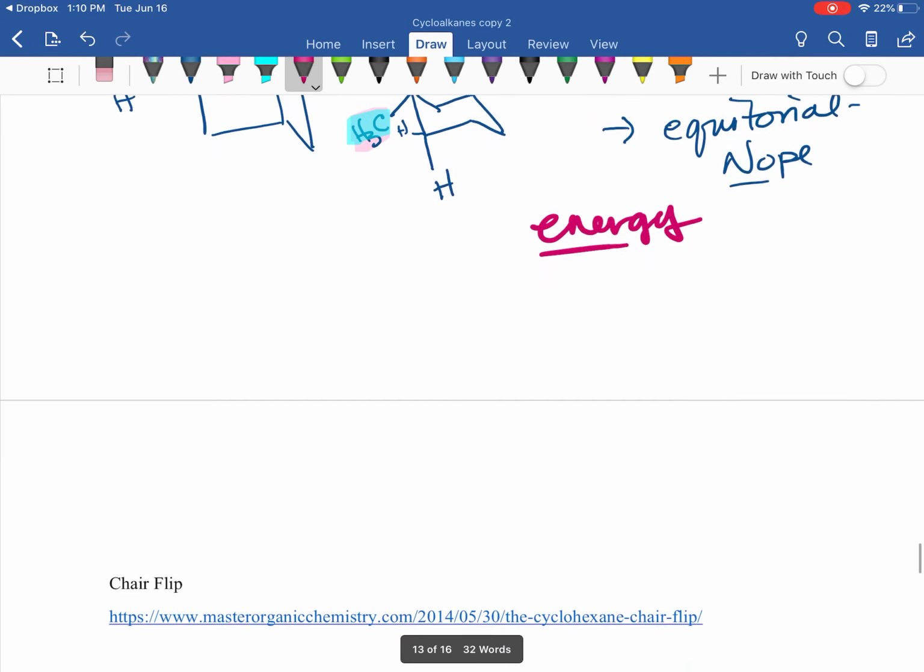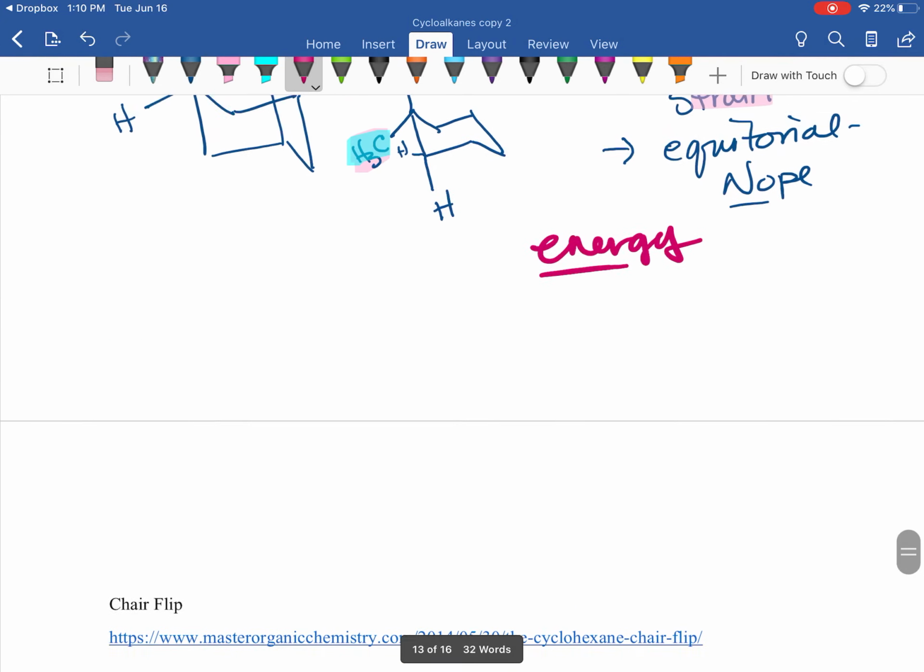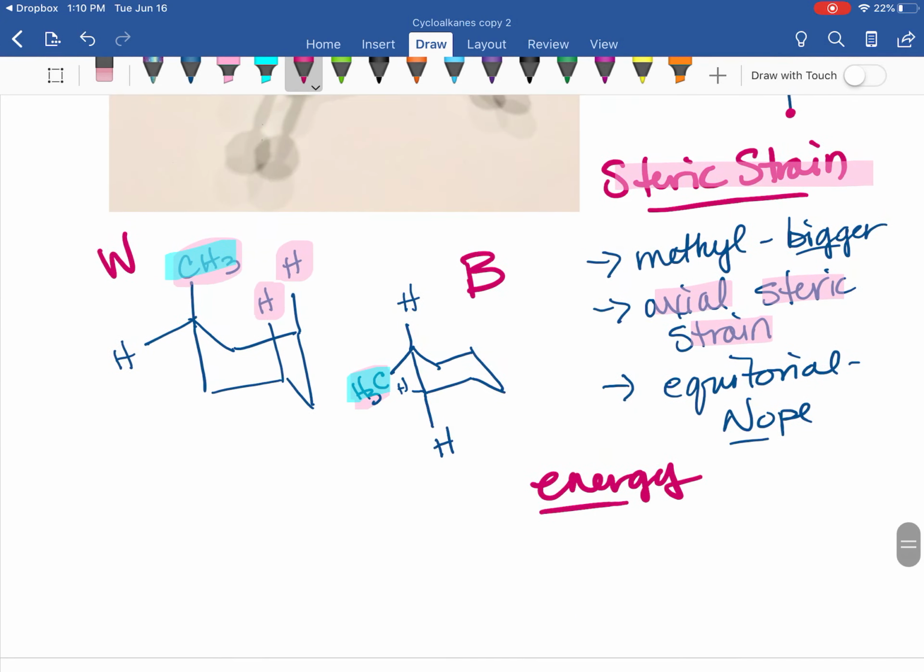Okay, so let's take a look at the downside of the chair. So we have a good side and a bad side. The good side of the chair is that I think once you get to be able to draw this, you can recognize the difference. You're going to have steric strain in any of your axials and you're not in your equatorials.